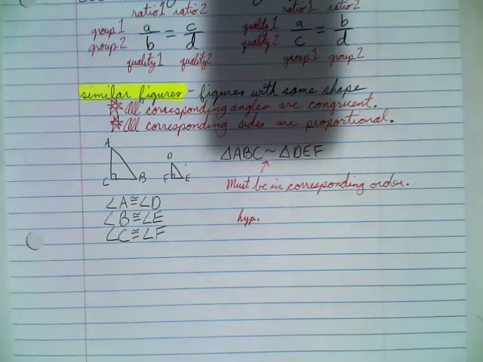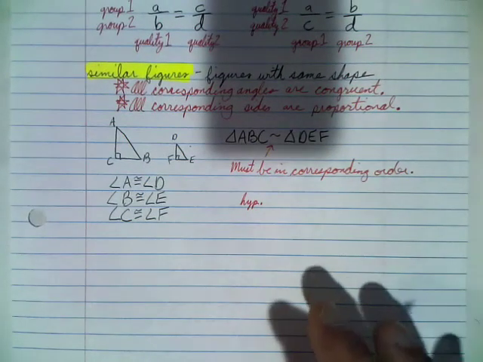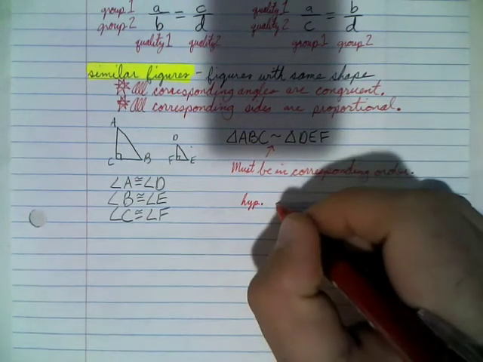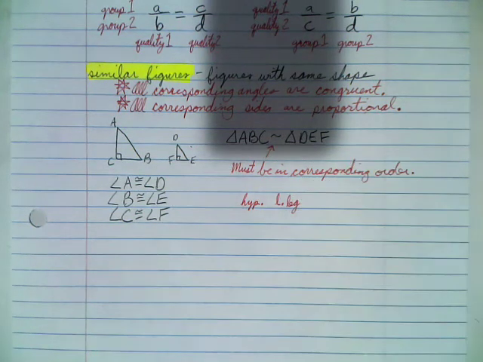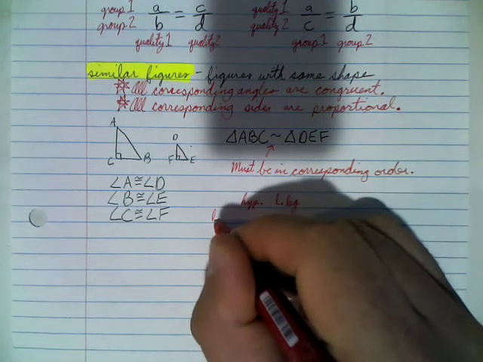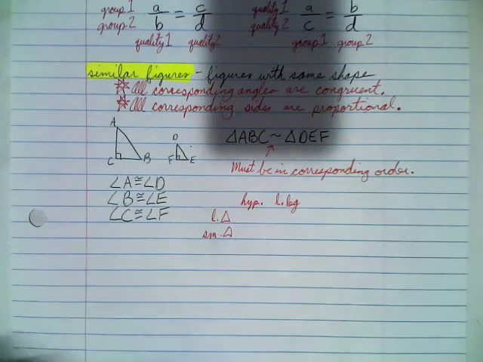So maybe my first ratio is going to be a ratio of the two hypotenuses. For my second ratio, let's make that the longer leg of each right triangle. Well, from what to what are we making our ratio? Let's make it the larger triangle to the smaller triangle.